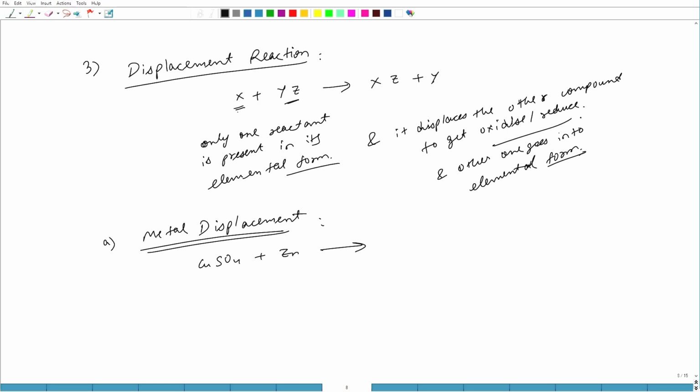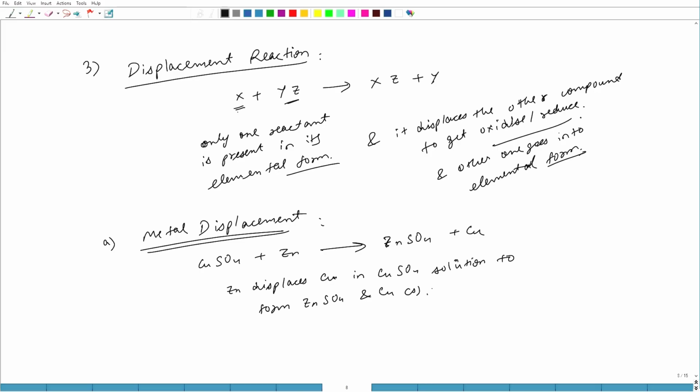This is an example of a displacement reaction, where zinc displaces the copper in the copper sulphate solution to form zinc sulphate and copper metal.